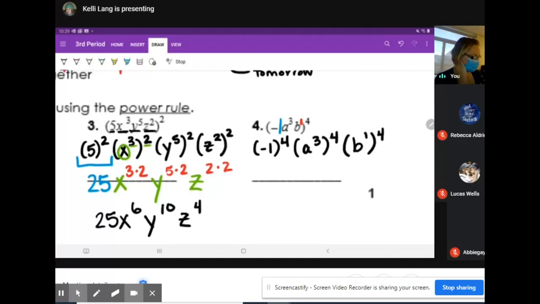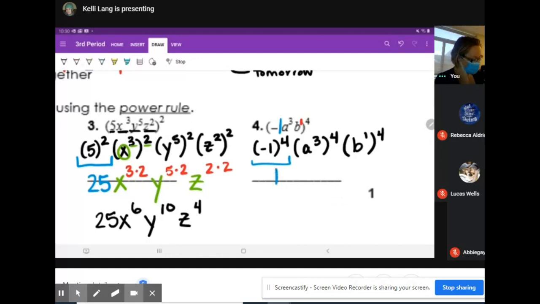With the first piece, negative 1 to the 4th, that's the same as negative 1 times negative 1 times negative 1 times negative 1. It doesn't take a calculator to figure out that when we multiply all of these together, all of those negatives are going to eventually cancel. And we'll just have 1 times 1 times 1 times 1, which of course is just 1. So when we take this negative 1 to the 4th power, we end up with a positive 1.